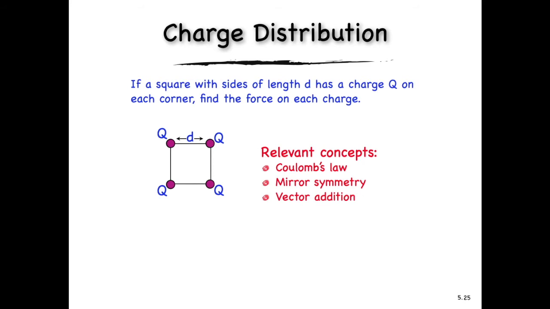We can figure out the force on one charge and then use symmetry to tell us every charge should have that same magnitude of force, rotated 90 degrees in direction. Okay, so we're going to use some symmetry considerations here to simplify this. Because we have point charges, we're going to use Coulomb's law. And because there's multiple charges producing multiple forces, we're going to do some vector addition.